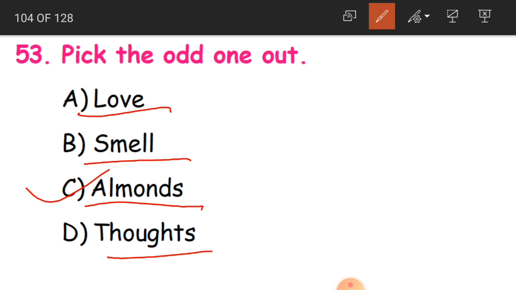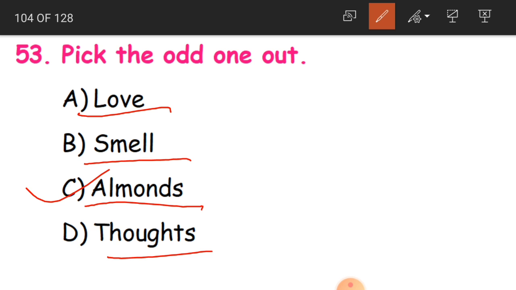See, love, smell and thoughts we cannot see. Those are like our feelings. Those are our sense organs, especially smell. And almonds are solid materials which we eat, which we can see also. So almonds are the odd ones.